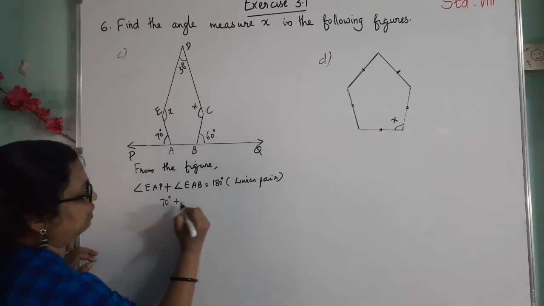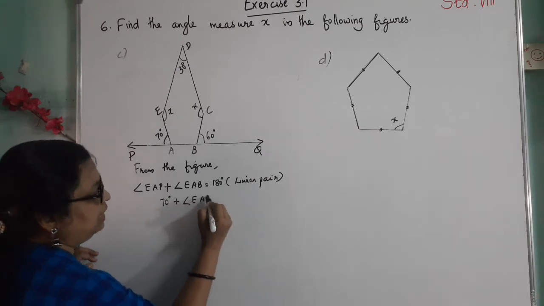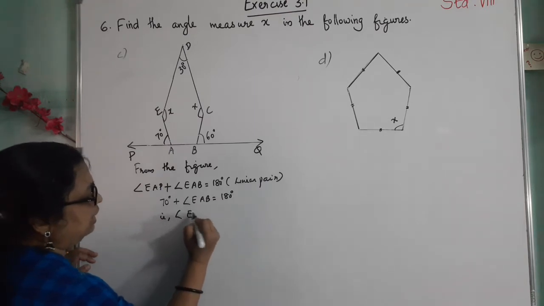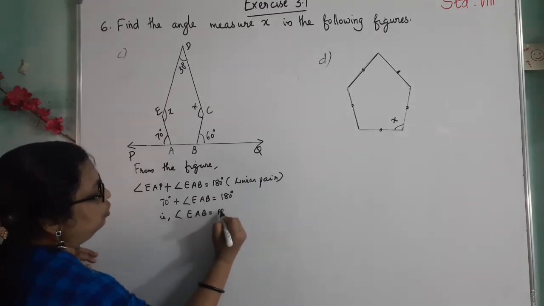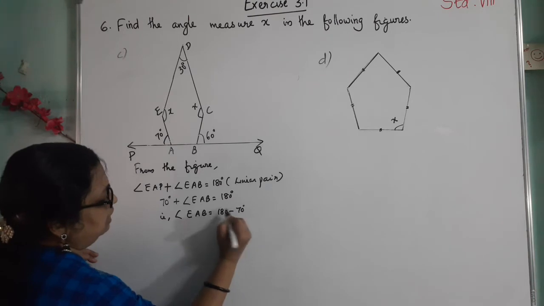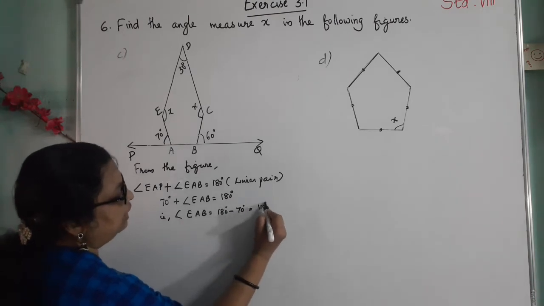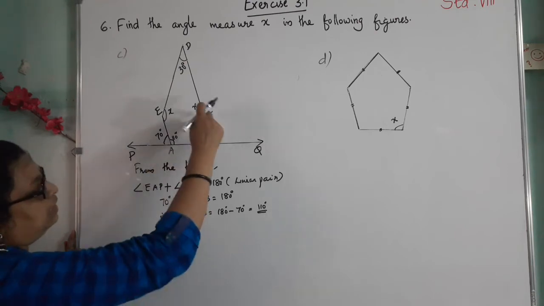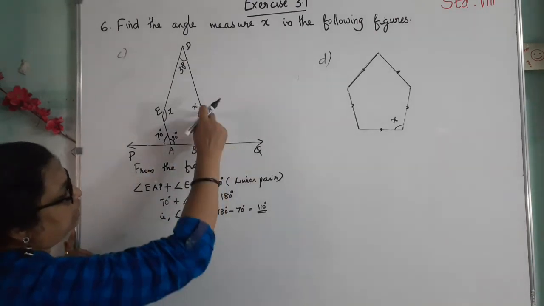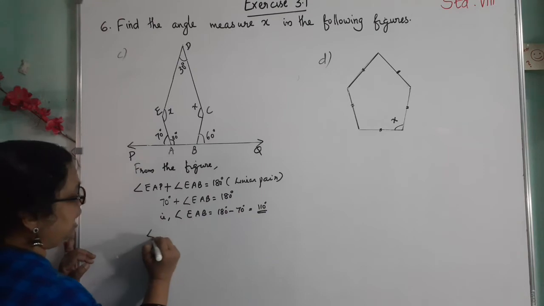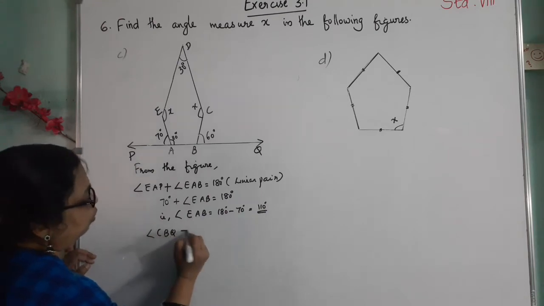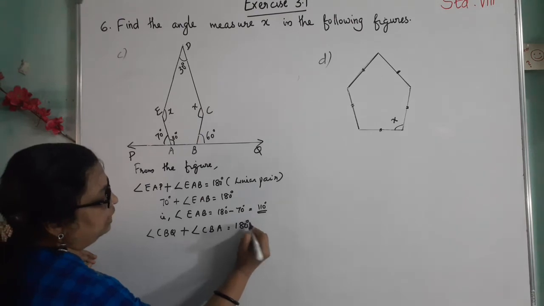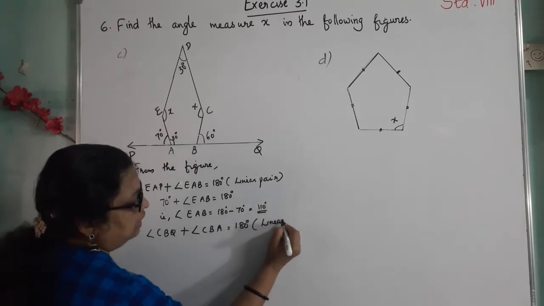So 70 degrees plus angle EAB equal to 180 degrees. That is, angle EAB equal to 180 minus 70 degrees, which is equal to 110 degrees. So this angle is 110 degrees. Then consider CBQ and CBA. Angle CBQ plus angle CBA equal to 180 degrees, same reason, linear pair.